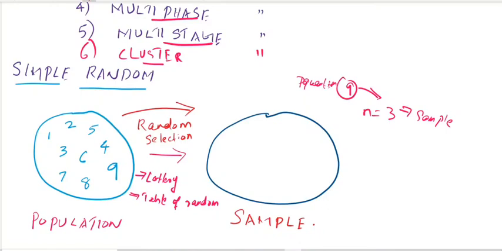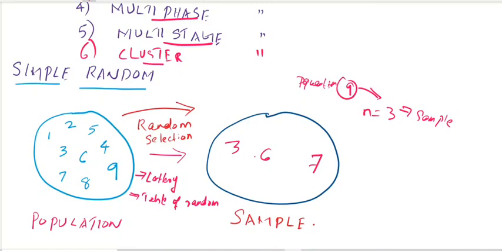So the concept is we randomly select people by any of these methods and we get some numbers, like it could be 3, it could be 6, or it could be 7. So these 3, 6 and 7 have been picked from the population very randomly.